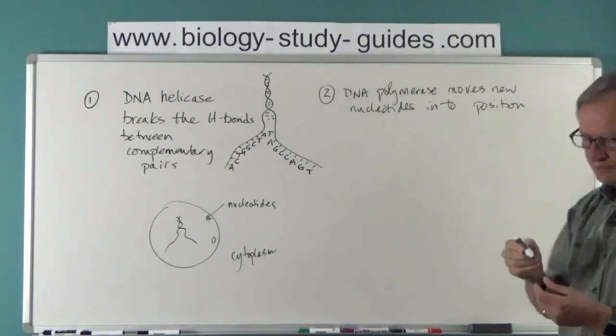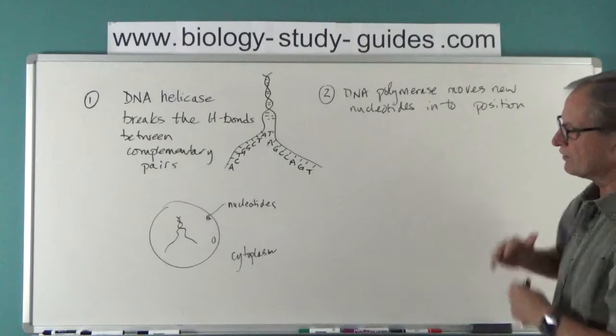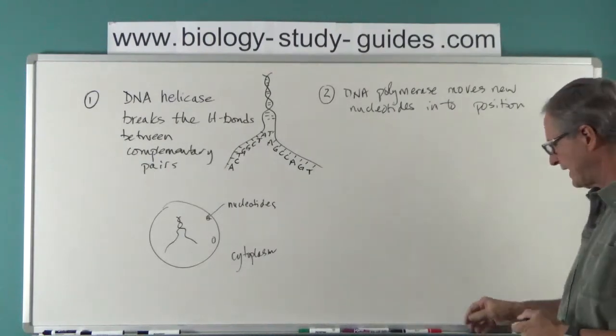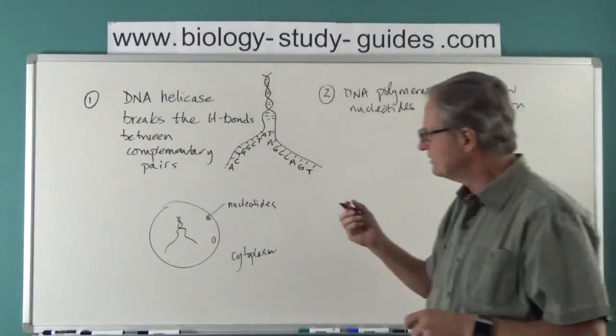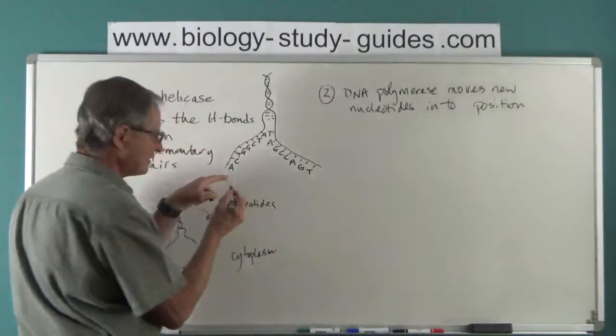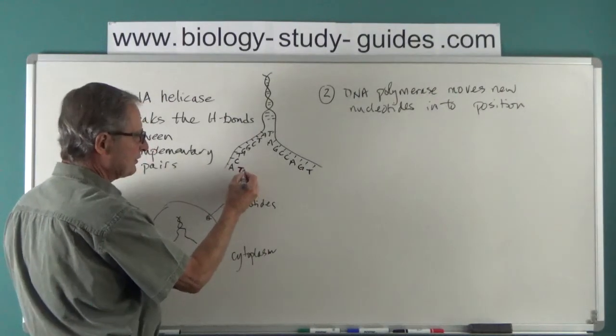Now, when I say into position, I mean into their complementary position, because we know where they're going to go. We know how they're going to bond together here. Now, if I take new nucleotides, I can suggest to you right away that this one has to be a thymine nucleotide.